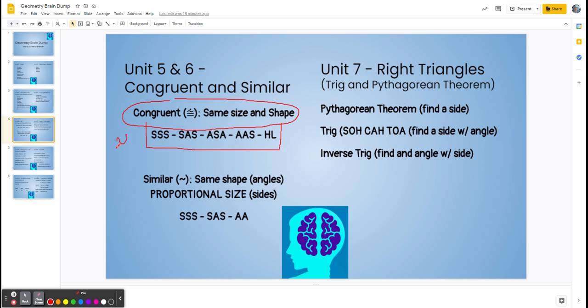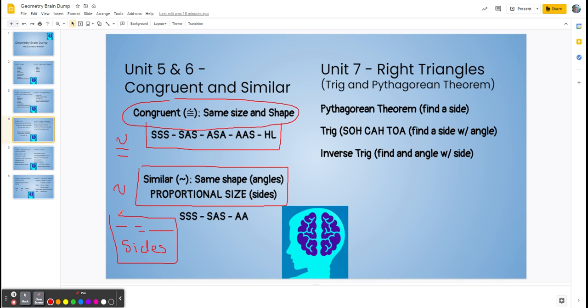Congruent has that squiggle above the equal sign. Similar does not. So you got to pay really close attention to those symbols. As soon as you see that similar sign without the equal sign, you got to think, you got to set up a proportion. Remember, sides go in proportions, not angles.